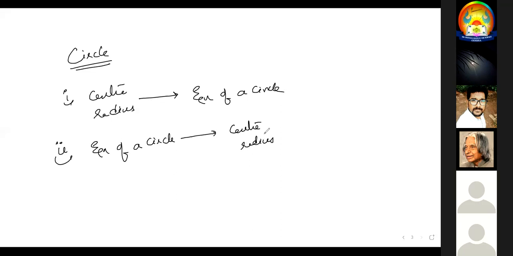Those two things you should understand. Again I'm repeating: if there is an equation of the circle, you should be in the position to write the center and the radius.